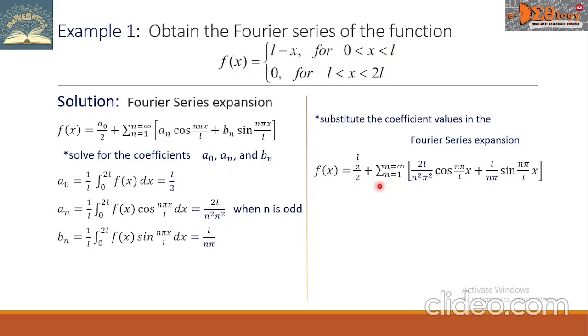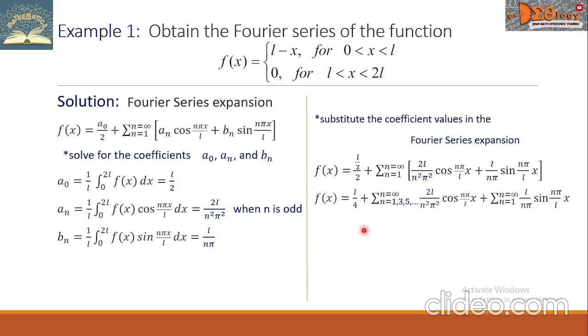To satisfy that, we're going to distribute the summation symbol to each of the terms inside. So it becomes like this. But with regard to our a sub n, since we say that this is only true when n is odd, we will write it here that n is equal to 1, 3, 5, and so on up to infinity. While this complex fraction is simplified into L over 4.